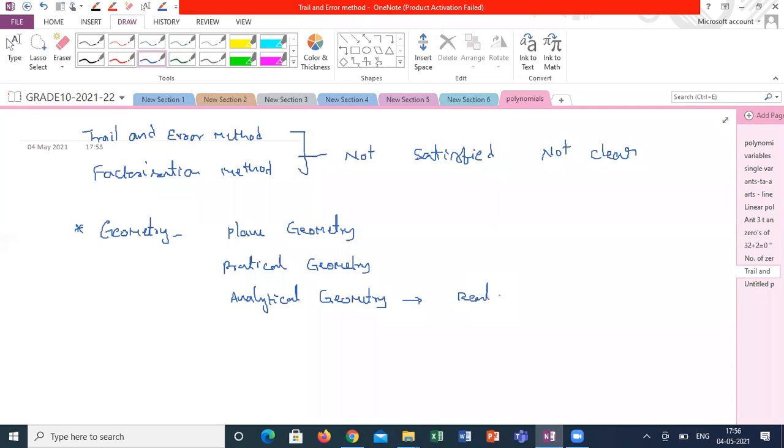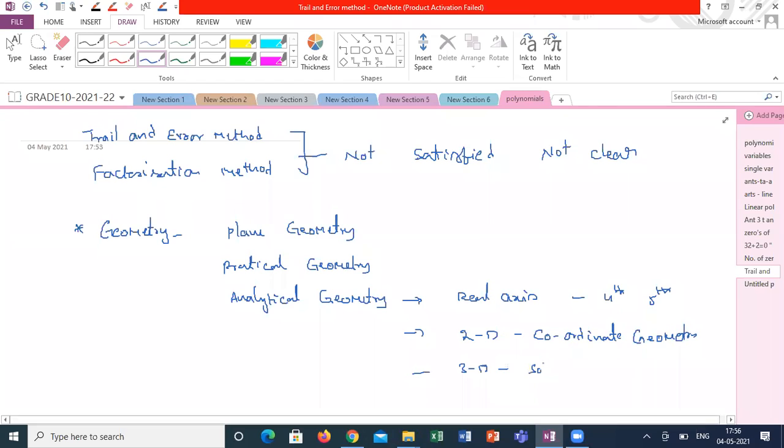One is the real axis, which we learned in 4th, 5th standards. Two-dimensional geometry is called coordinate geometry, and three-dimensional geometry is called solid geometry. Till grade 10, we will learn up to 2D. In grade 11, we are going to discuss 3D also.